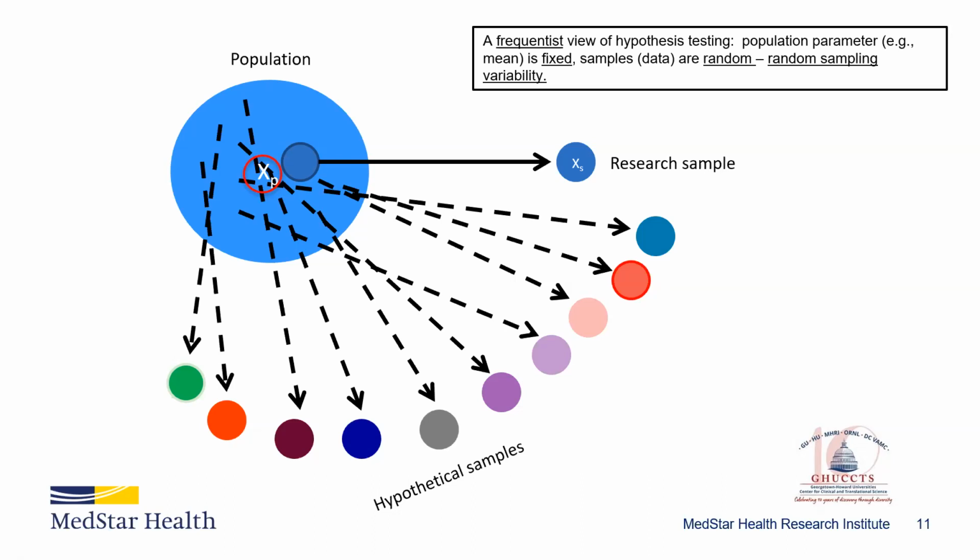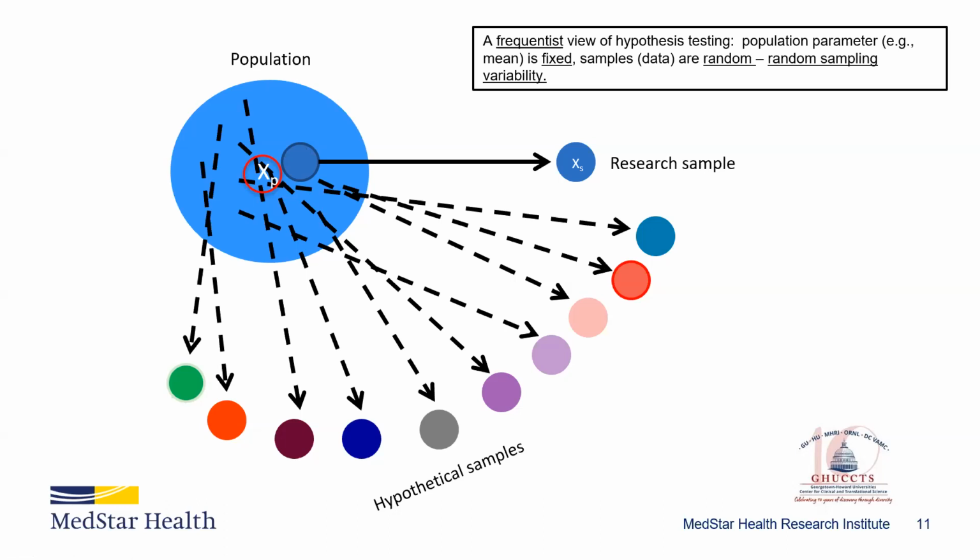From the classical or frequentist point of view, there is a population mean. We'll never know exactly what that population mean is, but by drawing a random sample, we want to estimate it. If we were able to draw many, many random samples from our population, we could see that we would get some variability in the estimate of the population mean.